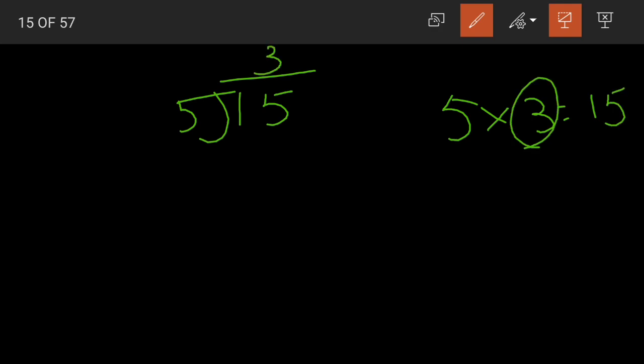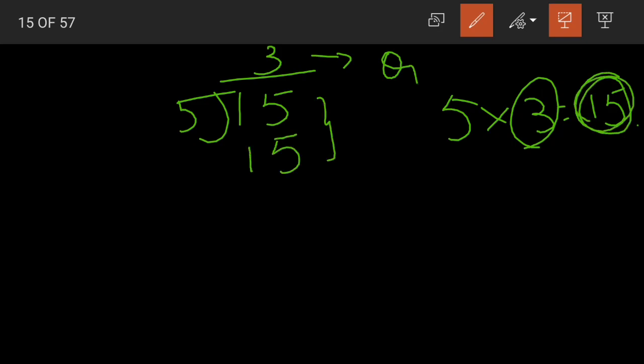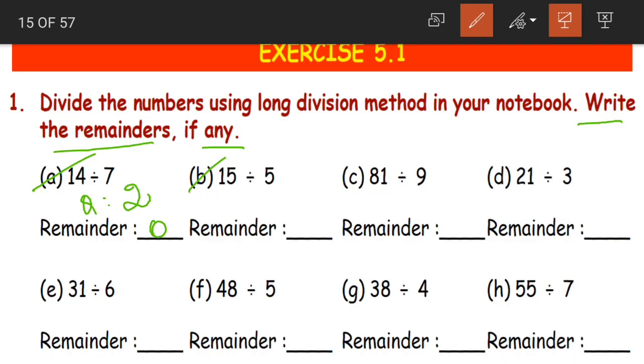So this 3 is written on top. That becomes our quotient. And the product 15 is written just below our dividend. Next step would be what? To subtract these two. 15 minus 15, 0. Again what did we get as our remainder? 0.